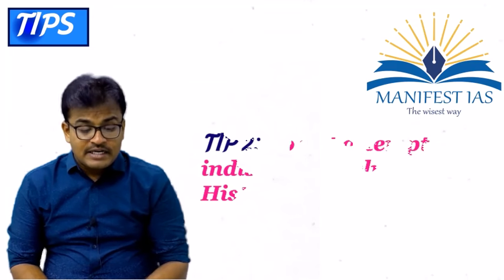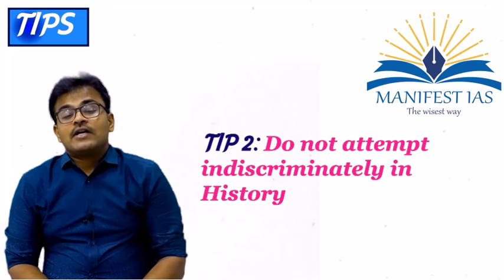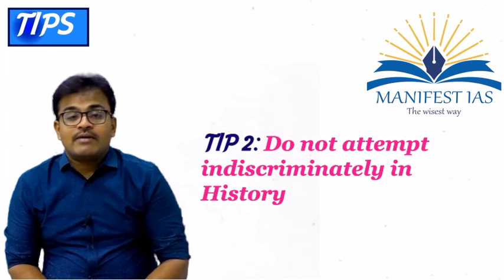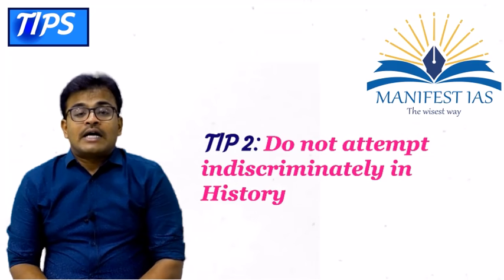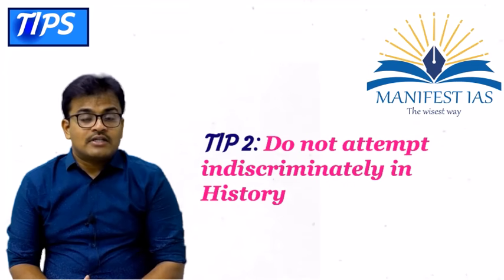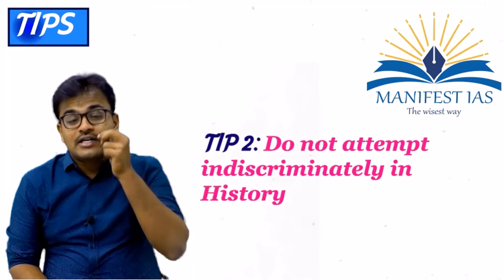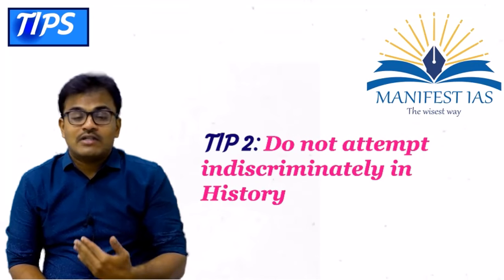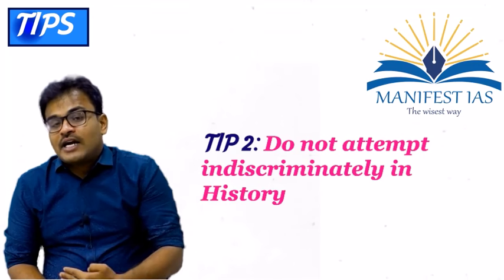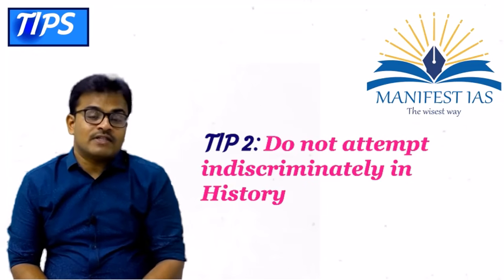When it comes to the second tip, in ancient and medieval India and art and culture, some of the questions were very, very tough. In fact, most history teachers will also not be able to solve these questions with a complete understanding of the broader origins of this subject.